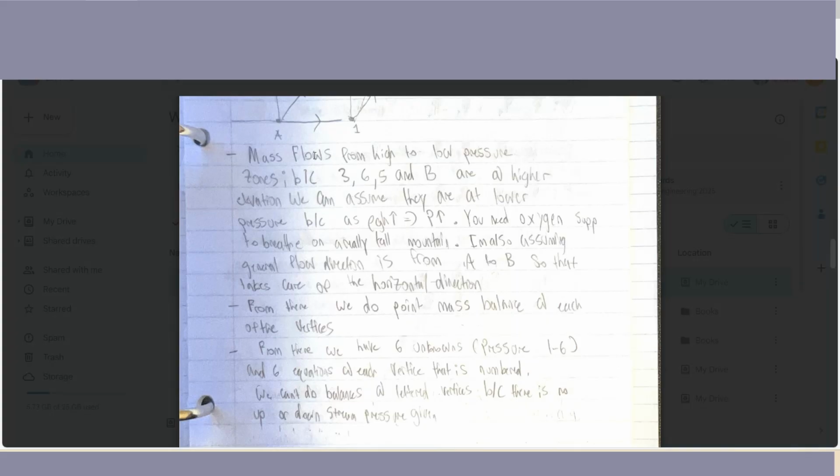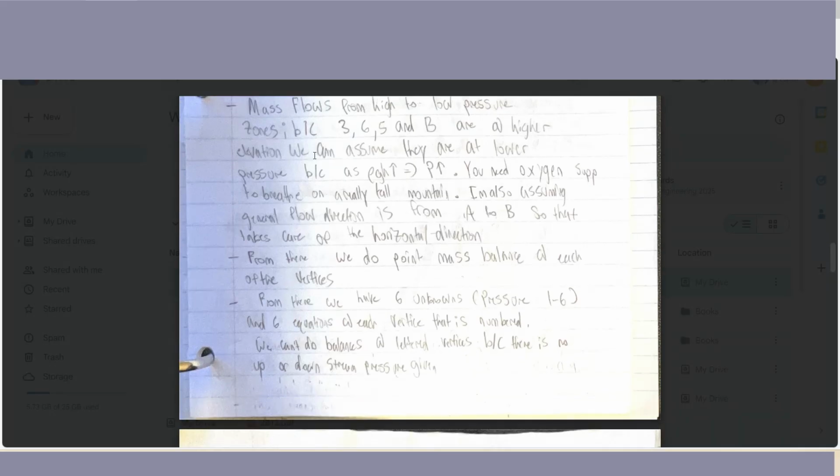And the pressure goes up when the height increases because pressure is a function of the height of the fluid, with the equation rho g h. So the higher the fluid is, the lower pressure. Also, assuming general flow direction is from A to B, that takes care of the horizontal direction.